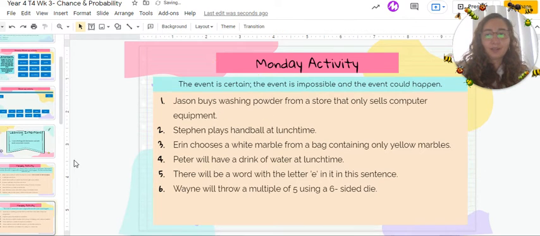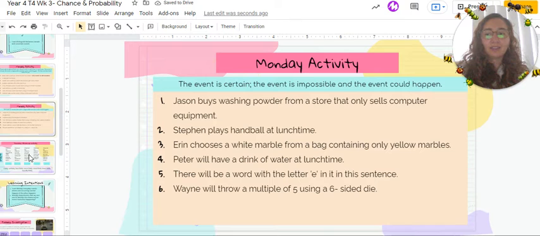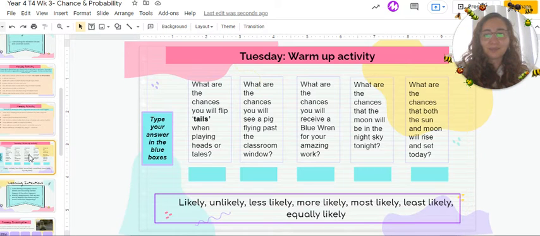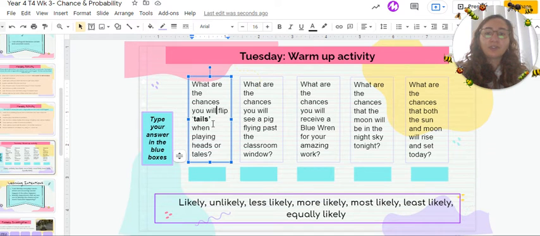Okay, let's keep going. So that is your Monday activity. Now let's go to Tuesday. For Tuesday, your warm-up task, just like before, you've got some events. What are the chances that you will flip tails when playing heads or tails?